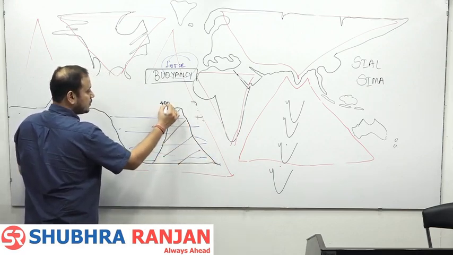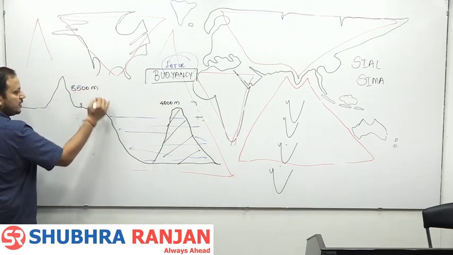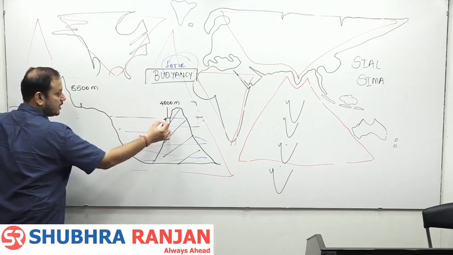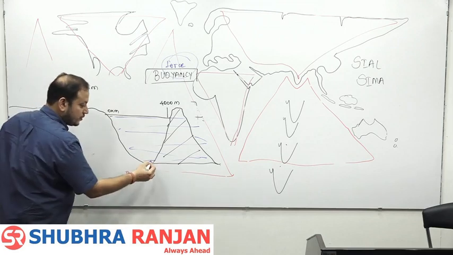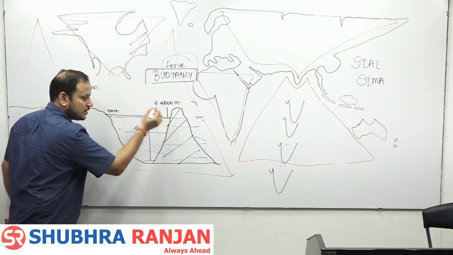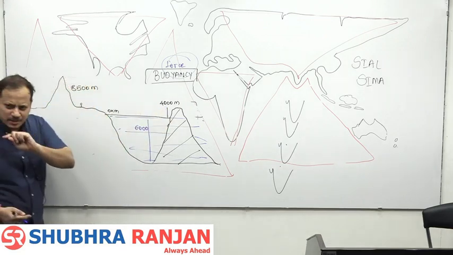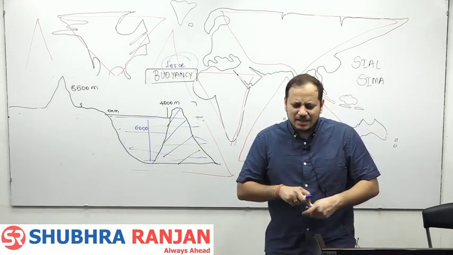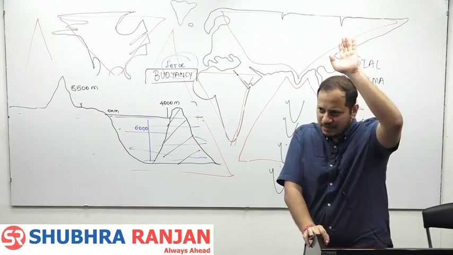This is 4,000 meters deep. This is 8,500 meters in height. This is 4,000 meters in height. But from where? 4,000 meters from here, that is from 0 kilometers. But it is not floating, and if you want to actually measure it, its height becomes 6,000 plus 4,000. How much exactly is the height? 10,000. So these are three small important points: Mount Everest, Mount Chimborazo and Hawaii Islands. That is why UPSC asks questions about Hawaii Islands so often. They start from the oceans and go up.